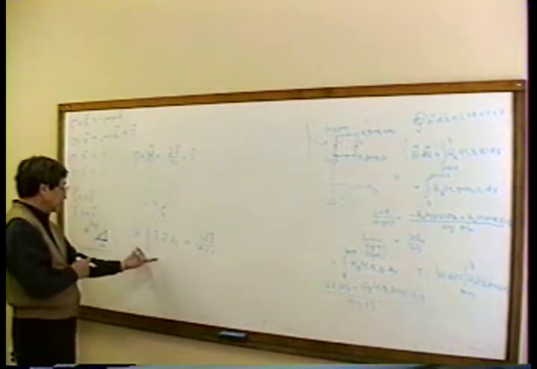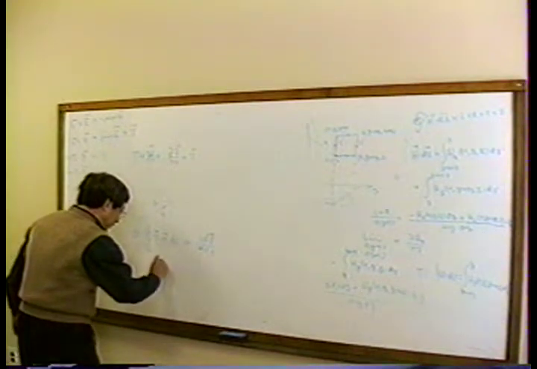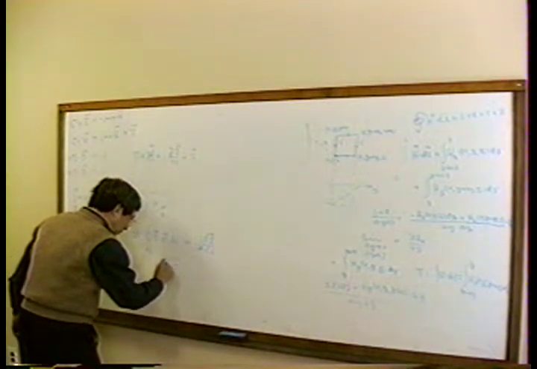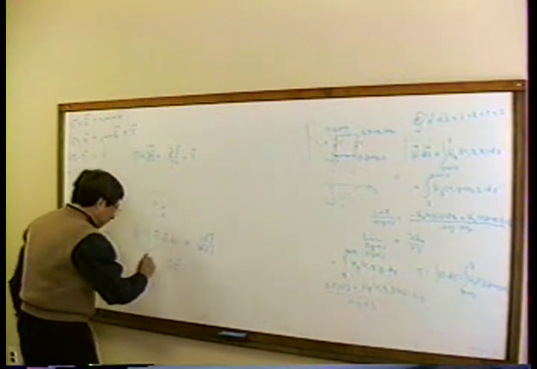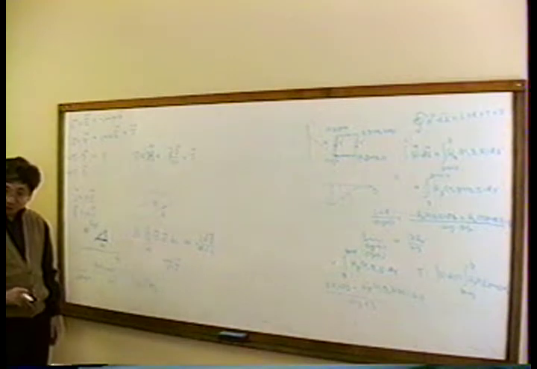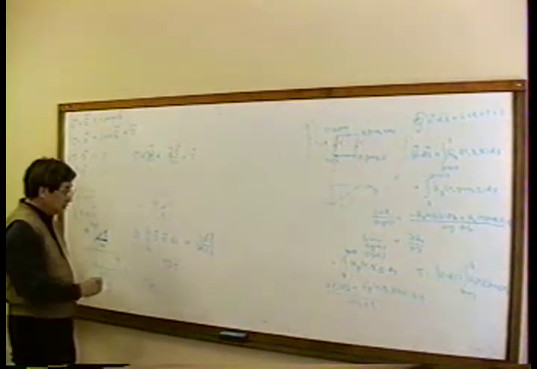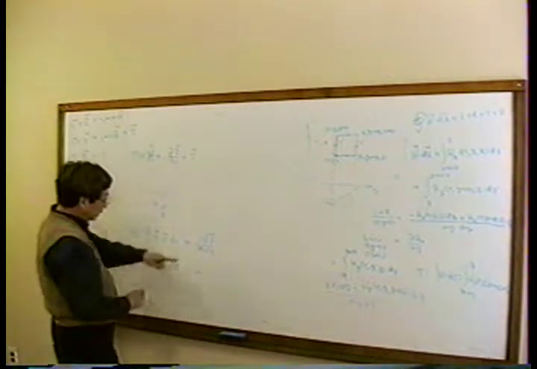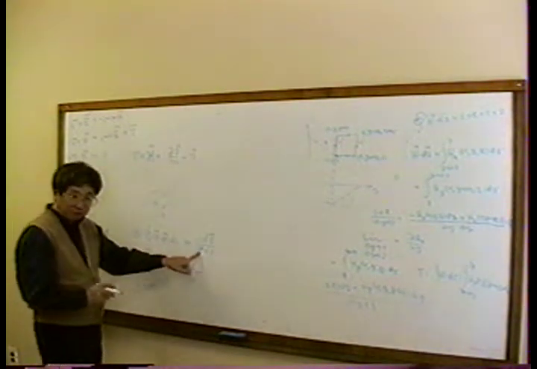So this becomes del dot J, just by the definition of del dot J, the divergence.